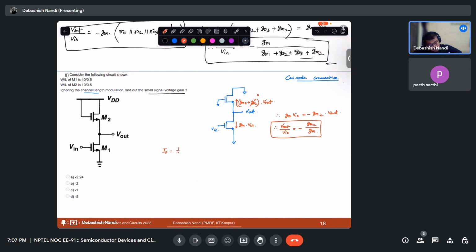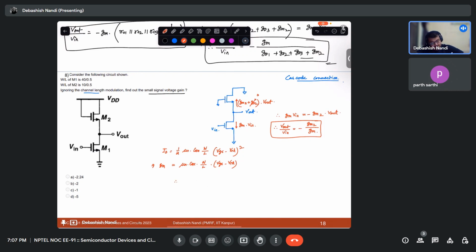ID is equal to half mu n Cox W by L times VGS minus VTH whole square, and your GM is mu n Cox W over L times VGS minus VTH. Is that okay?